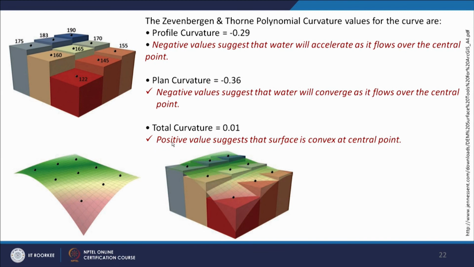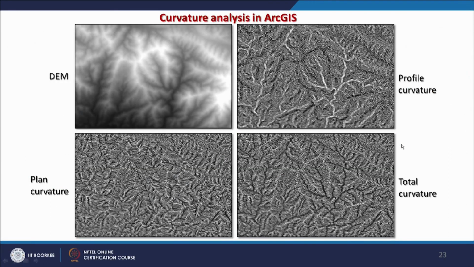And again, in the case of total curvature, a positive value suggests the surface is convex at the central point. This is how in this example all three types of curvature have been shown for the digital elevation model, which we have taken since the beginning as an example.